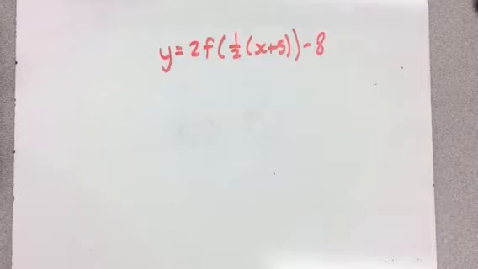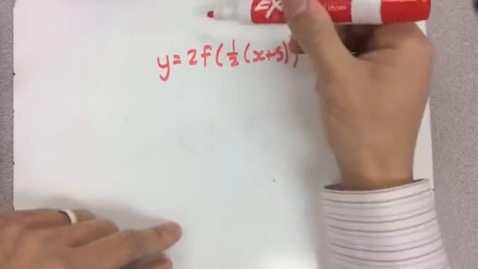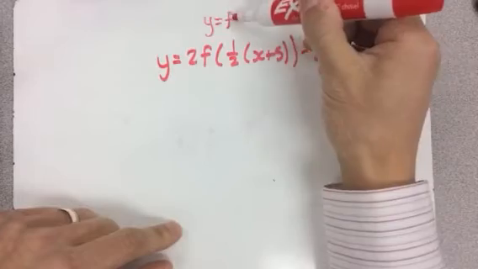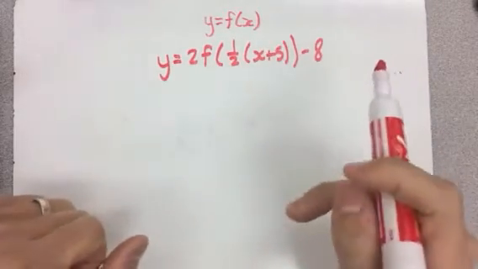All right, let's look at the first example. Class example number 1, we have the function y equals f of x. And then we are applying this transformation to y equals f of x.